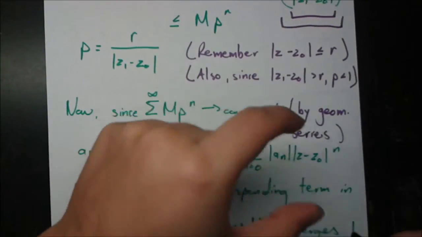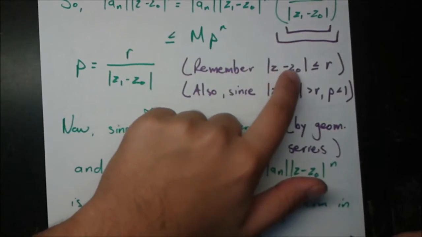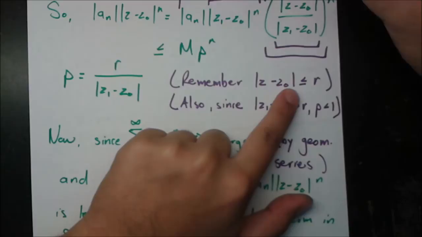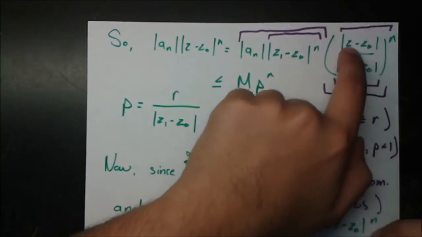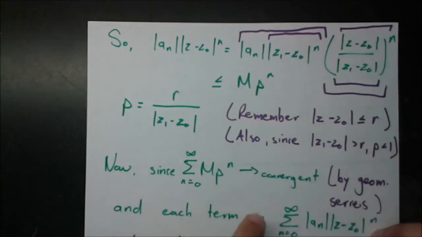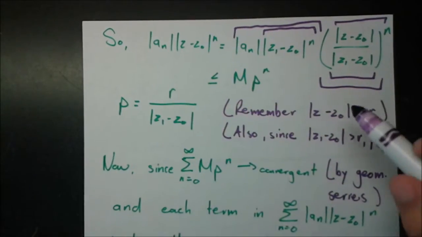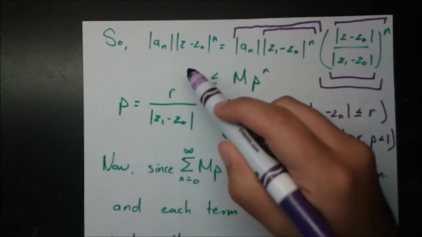So r is that intermediate disk, and remember that modulus z minus z0 is less than or equal to r, which is what we have right here. So z minus z0 is always less than or equal to r. So that means that z minus z0 to the power of n is going to be less than r to the power of n, which is exactly what we see when we have p to the power of n, because that includes r to the power of n.